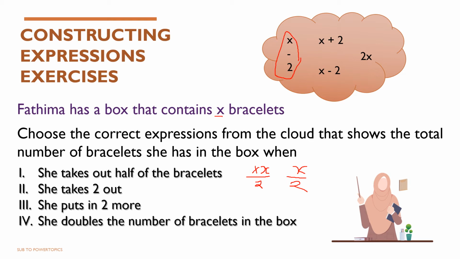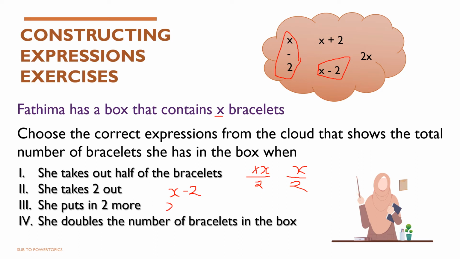Number 2, she takes 2 out. So she has X amount of bracelets and then she takes 2 out. So the operation happening here is subtraction. So X minus 2. So we got our other answer. And for number 3, she puts in 2 more.